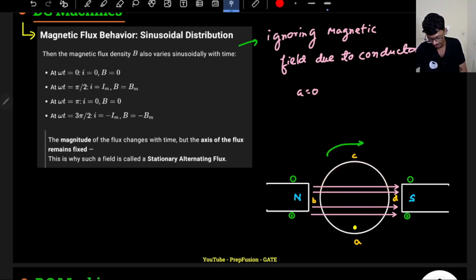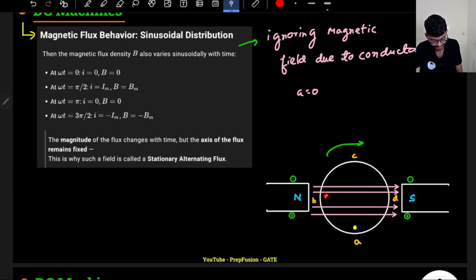So at t equal to 0 or omega t equal to 0, the flux is 0, that's why the B is 0 here. Now as this conductor is rotating, it will reach point B, and here the flux will be maximum. Why? Because it is the closest to the field, closest to the pole.